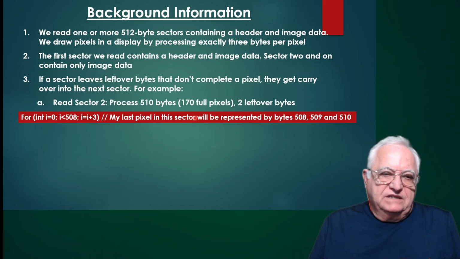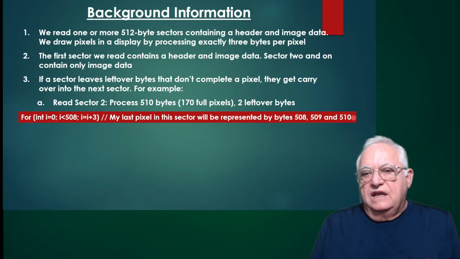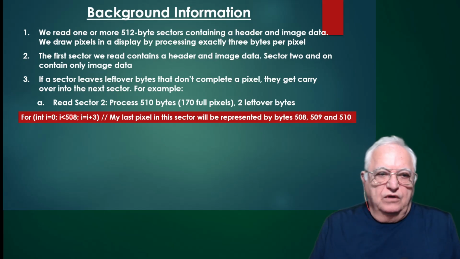The last 3 bytes that I can read from this particular sector are going to be bytes 508, 509, and 510. The reason is that 511 and 512 are the ones that are left over, and I have to use those plus 1 extra byte that I'm going to get from the next read. So I go from i equal to 0 to 508, and I'm going to get my 170 pixels.